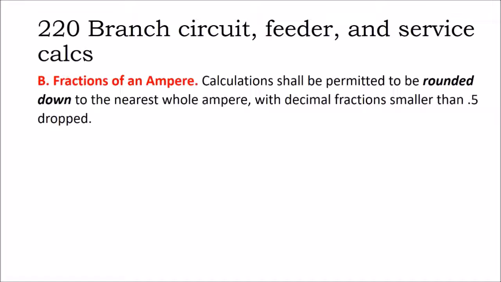Branch circuit feeders and service calculations: fractions of an ampere, calculations shall be permitted to be rounded down to the nearest whole amp with decimal fractions smaller than 0.5 dropped.